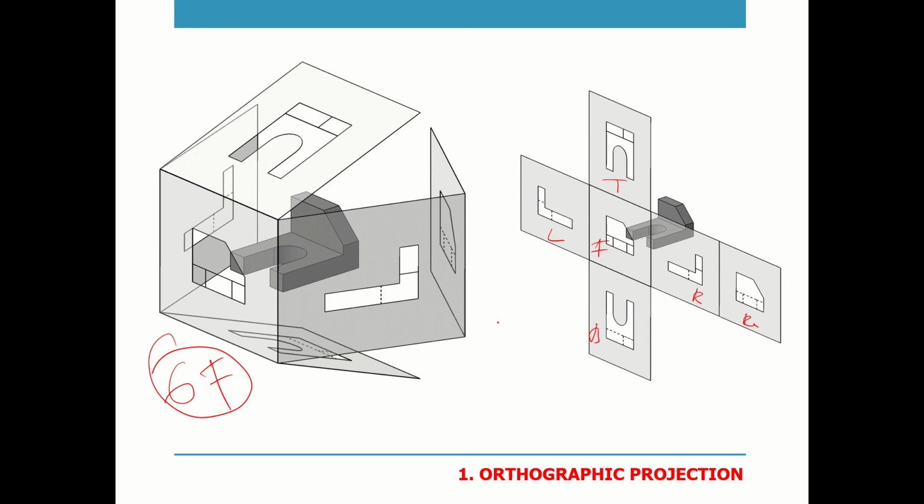Most of the time we need plan, the top view, the front view, and either right or left drawing, depending on the detailing available. So at the max we need 3 or a maximum of 4 drawings. Not all the time do we need 6 side drawings.